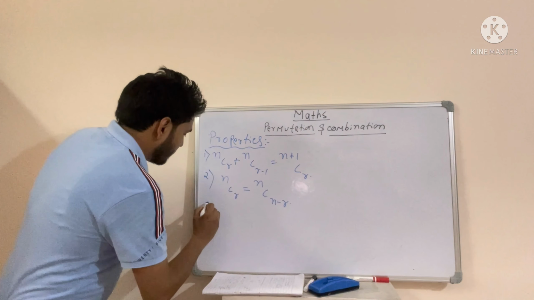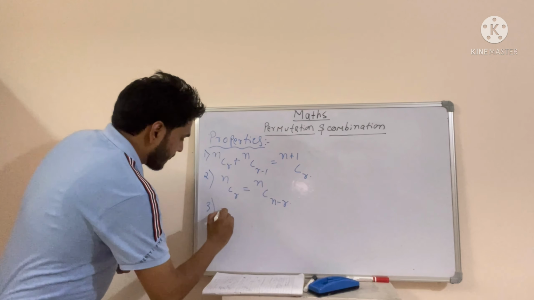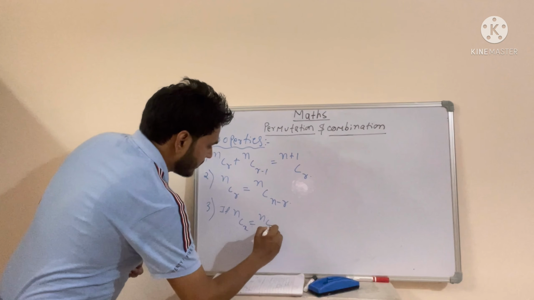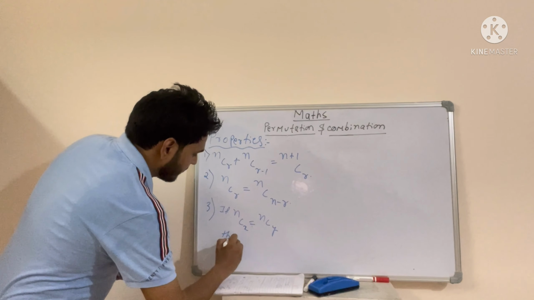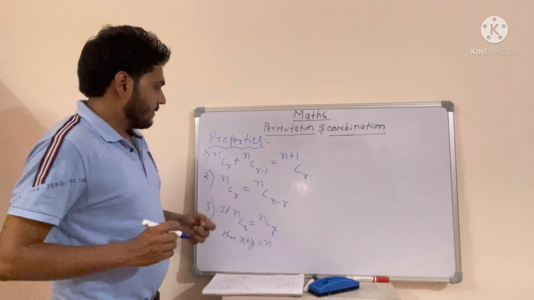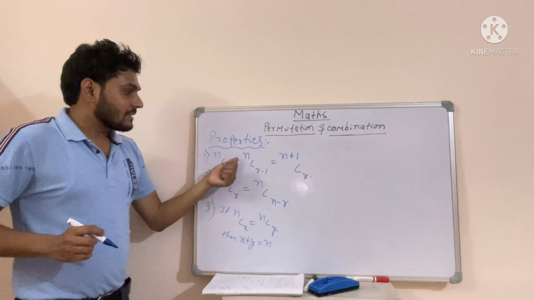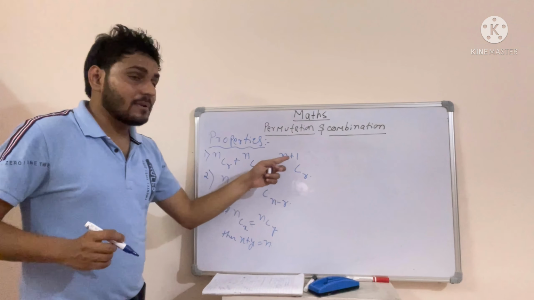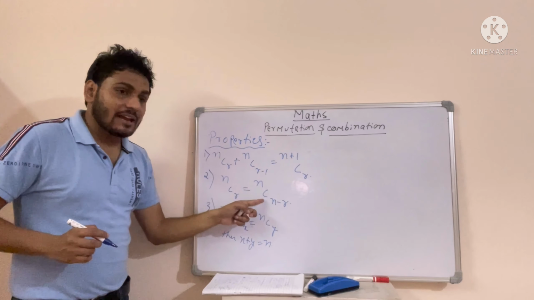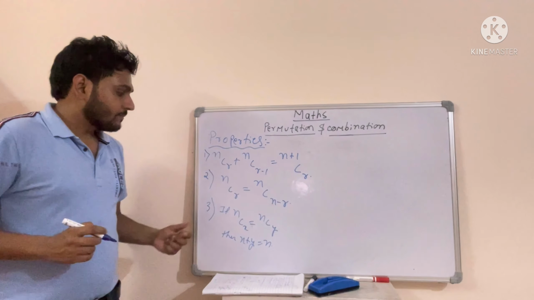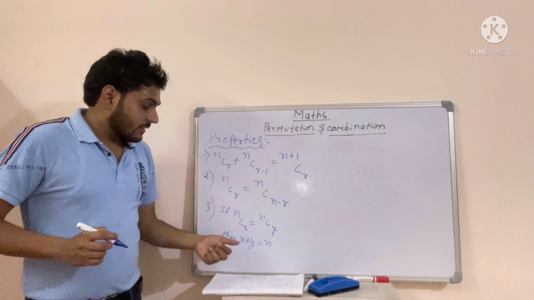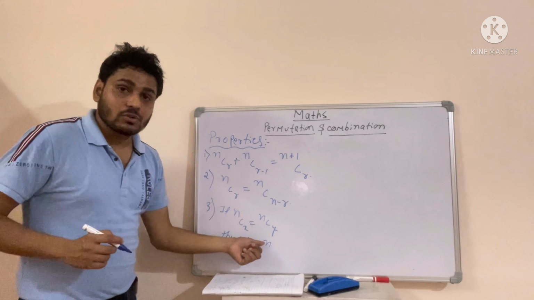Number 3, if nCx equals nCy, then x plus y equals n. To repeat: nCr plus nC(r minus 1) gives (n plus 1)Cr; nCr equals nC(n minus r) is the same thing; and if nCx equals nCy, then x plus y equals n.